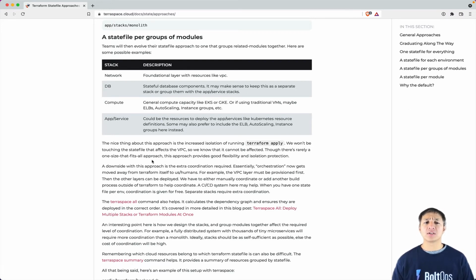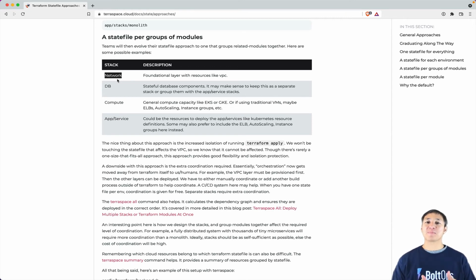So you can deploy a network stack, or a database stack, or a compute stack like an EC2 instance. If there's a state file only for the EC2 instance, we know that we can only affect the EC2 instance, on production or on development. It's scoped to the environment, and the network stack is completely separate in terms of state file management. So these two can't cross boundaries. They can't affect each other.